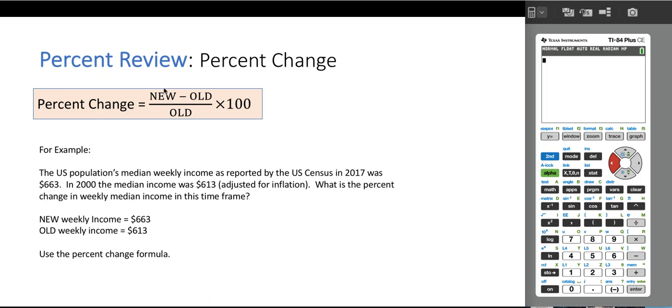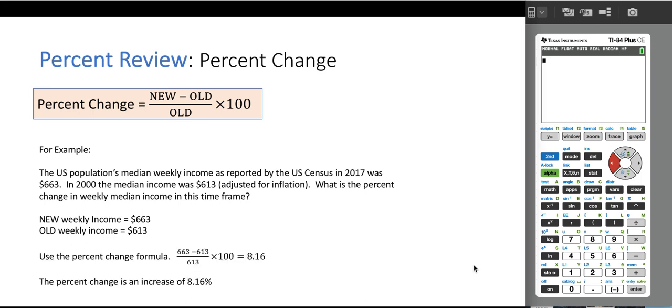So you're going to put the new price in for new. You're going to put the old price in for old and divide by old. And then finally multiply that by 100. So I did this on the next screen. So new 663 minus old 613 divided by old 613.